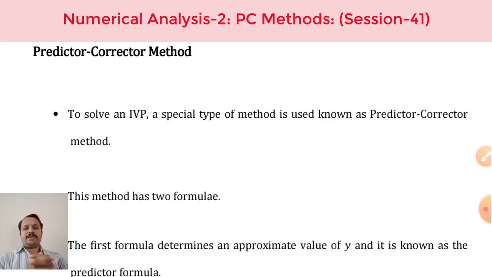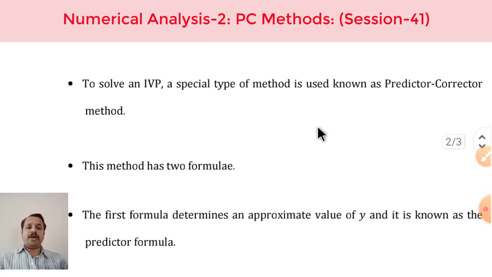Predictor-corrector method. So what is meant by these predictor-corrector methods? The predictor-corrector methods are the methods which involve 2 formulae. The first formula is known as the predictor formula. It predicts the value of the unknown.